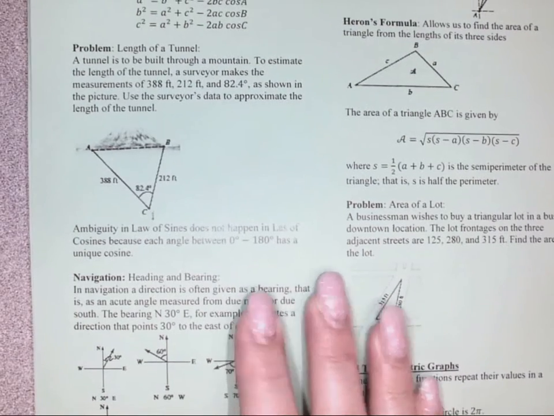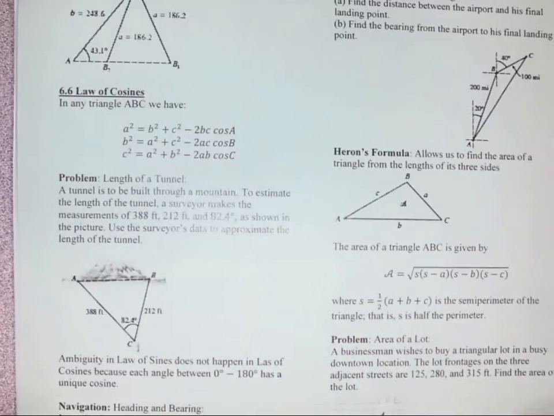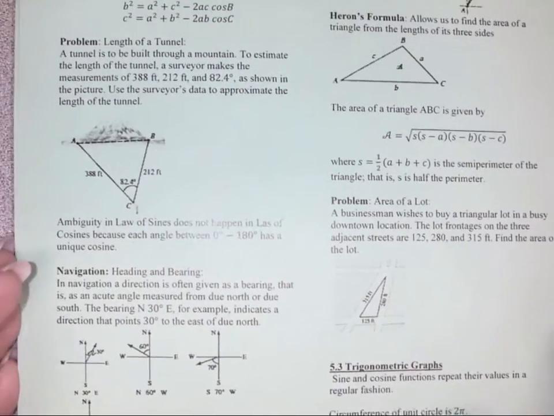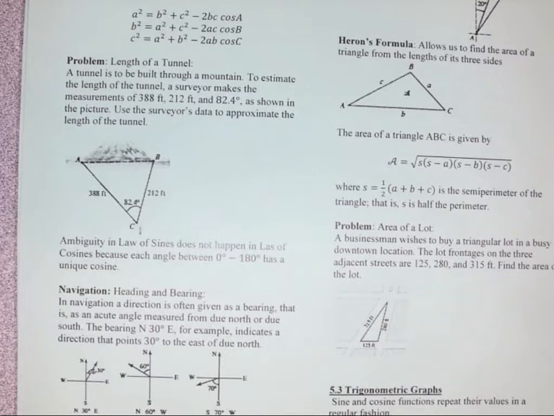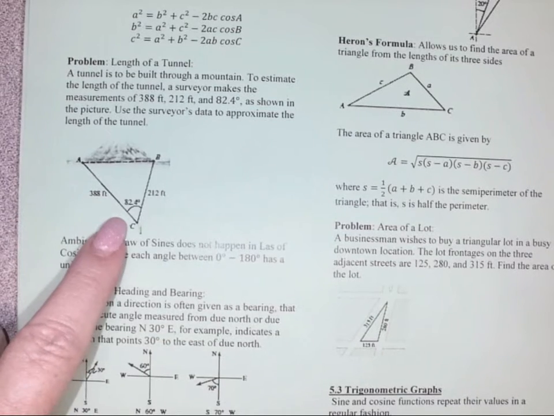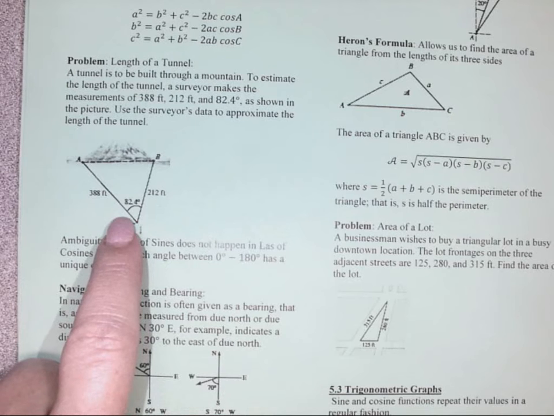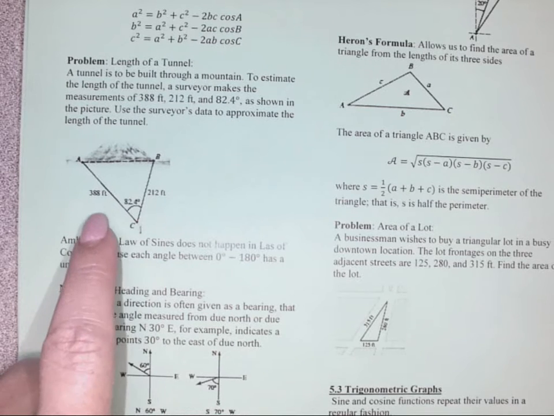All right, so let's go use our law of cosines to solve a problem. We are looking for the length of a tunnel. A tunnel is to be built through a mountain. To estimate the length of the tunnel, a surveyor makes the measurements of 388 feet, 212 feet, and 82.4 degrees, as shown in our picture here.